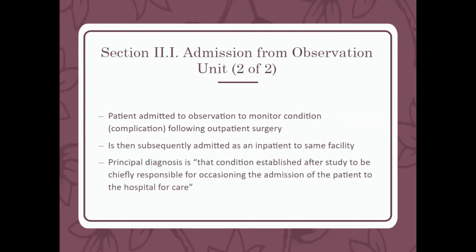Okay, admissions from observation unit. A patient is admitted to observation to monitor a condition or complication following an outpatient surgery, and is then subsequently admitted as an inpatient to the same facility. The principal diagnosis is that condition established after study to be chiefly responsible for occasioning the admission of the patient to the hospital for care.